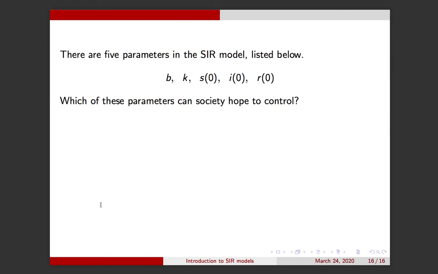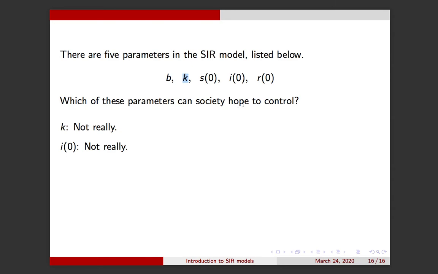So let me just conclude this video by pointing out there are 5 constant parameters in the model, which are listed below. There's this B, effective recovery rate, a K, which is how long the disease lasts in a given individual, and then the 3 initial condition numbers. Which of these parameters can public health officials hope to control? Let's just go through them one by one. Can they control K? I mean, not really.